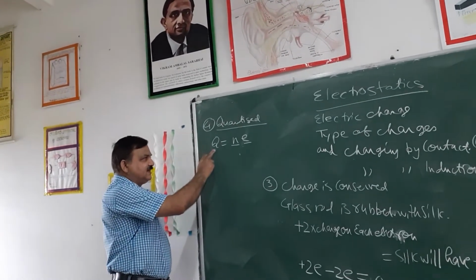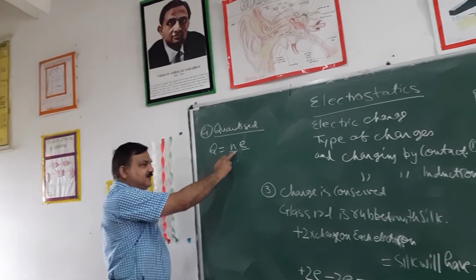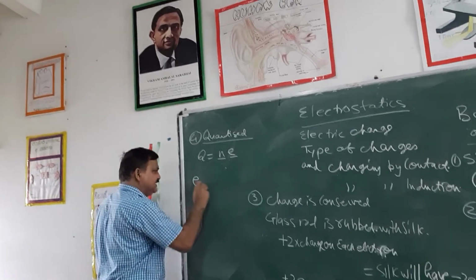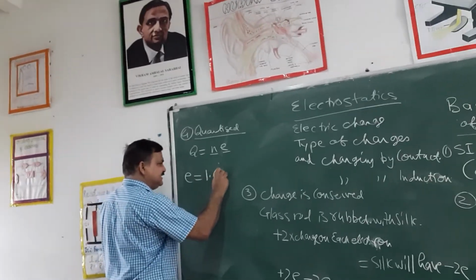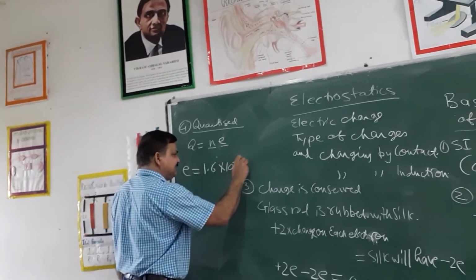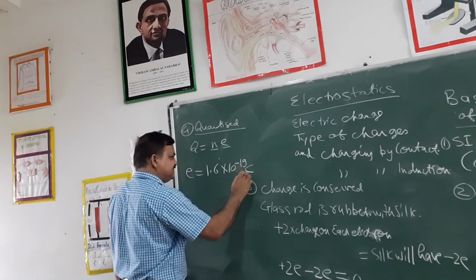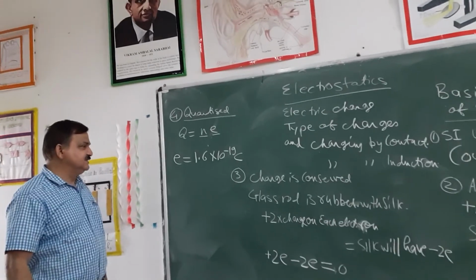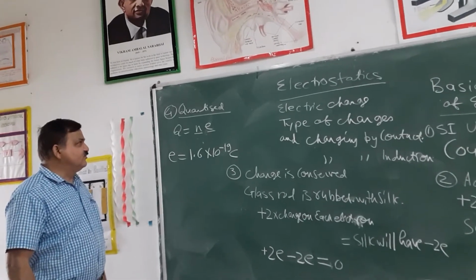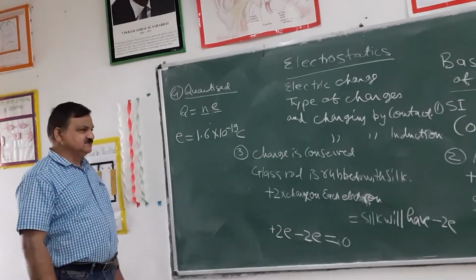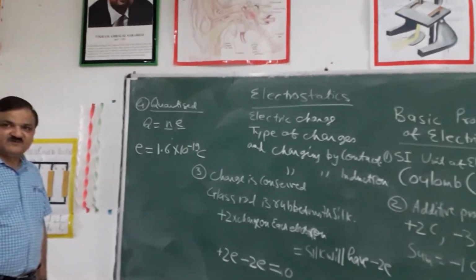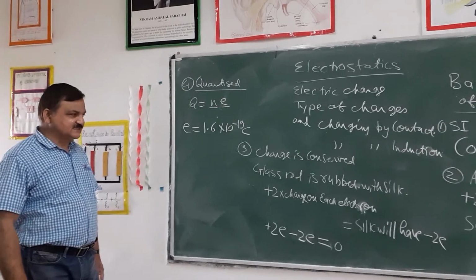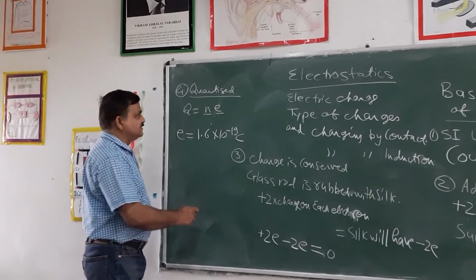So total electric charge is integral multiple of E. And as you know that the value of E is 1.6 into 10 raised to the power minus 19 coulomb, which is the smallest possible charge. So the fourth property is quantization of electric charge.